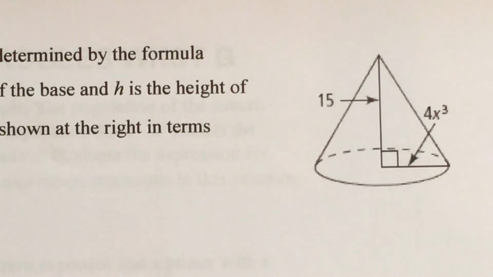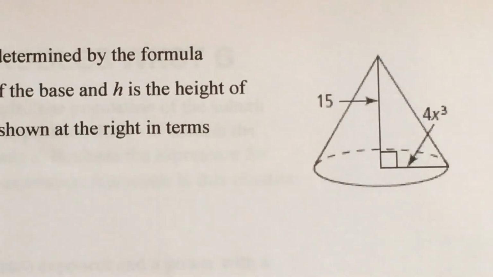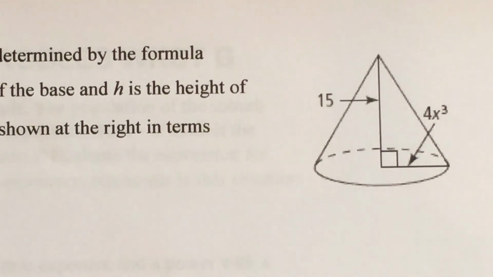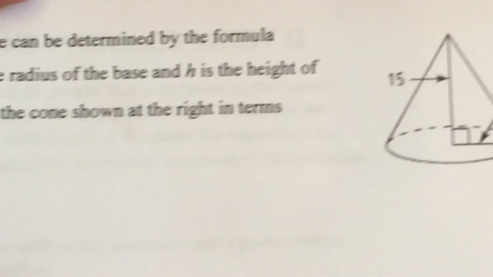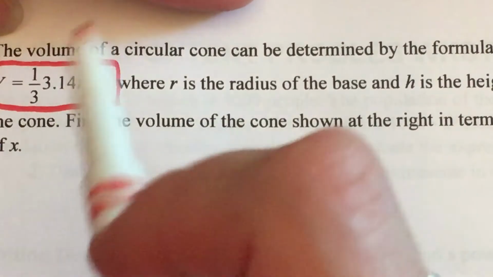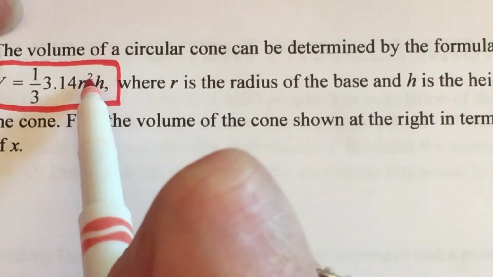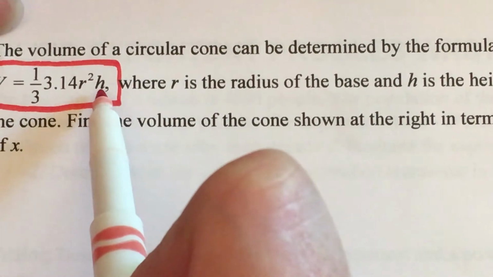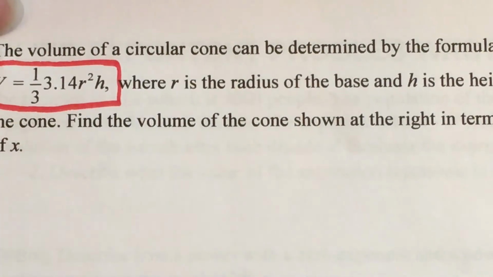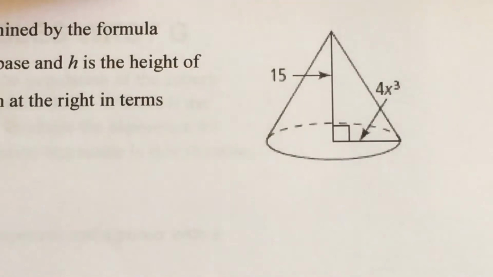There it is. So here it does matter which is the radius, which is the height. It doesn't matter the order that you multiply them once you've put them into the equation. The reason this is an issue is because this radius is squared. The height is not. So I need to make sure I know which term to square.